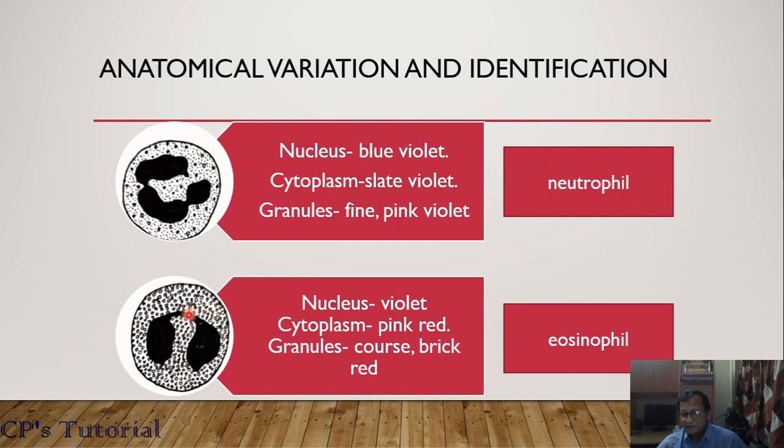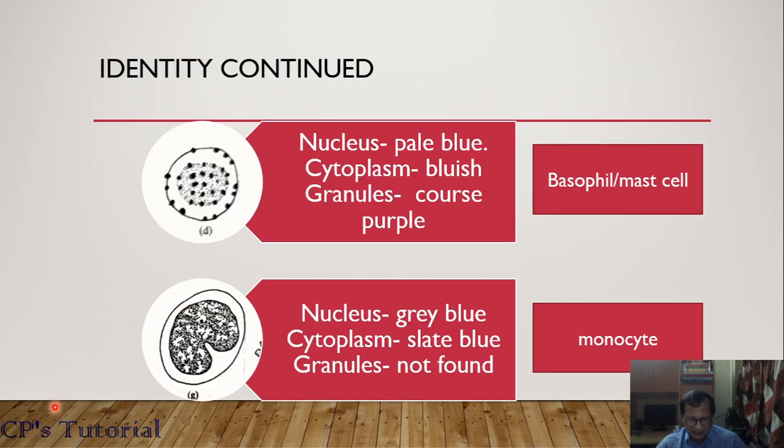Now, second point, the granules. Look at the neutrophil. The granules are fine. In case of eosinophil, the granules are coarse, conspicuous, and very much identifiable. Now come to the next cell. Basophil. In case of basophil, the granules are conspicuous.